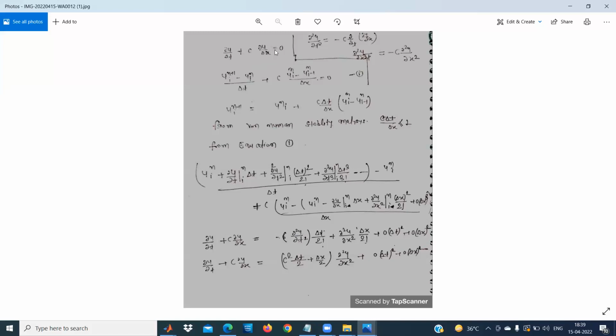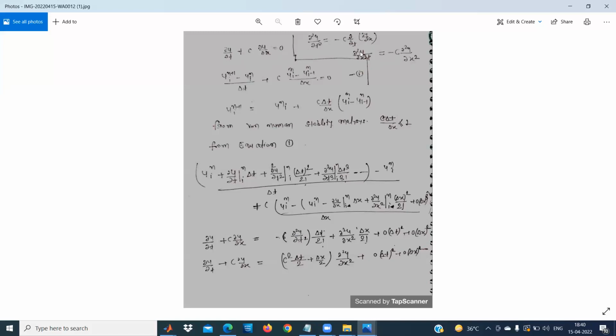We differentiate this 1D wave equation with respect to time. So you will get del square u by del t square equals minus c del by del t of del u by del x. And for del by del t of del u by del x, if you differentiate the wave equation with respect to x, we get del square u by del x del t equal to minus c del square u by del x square.